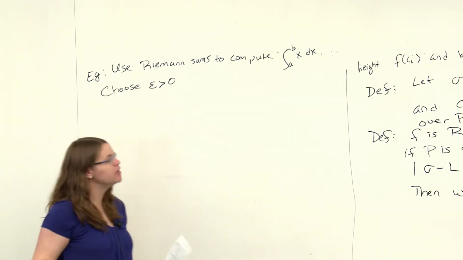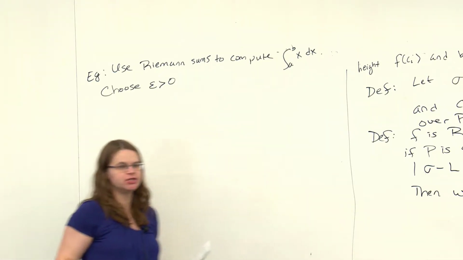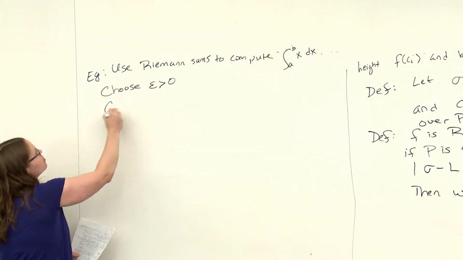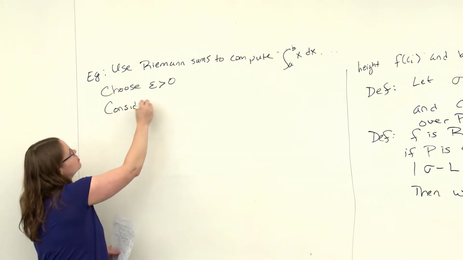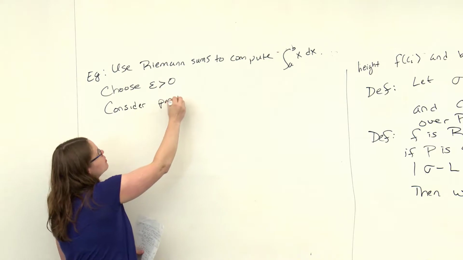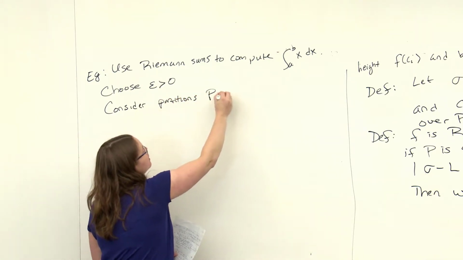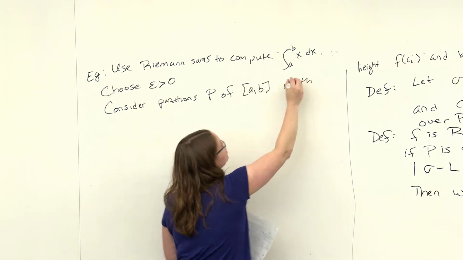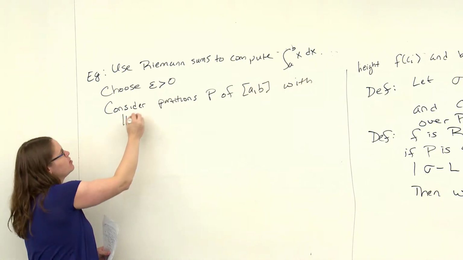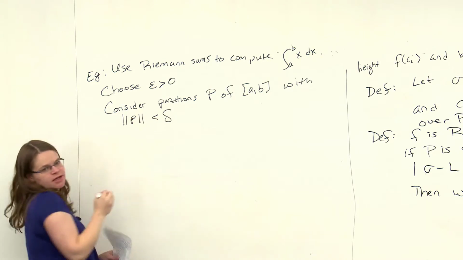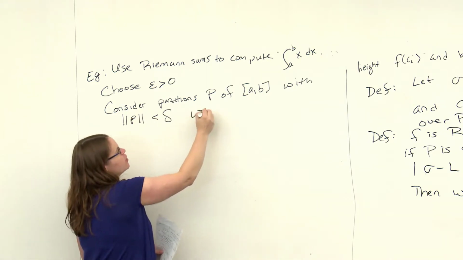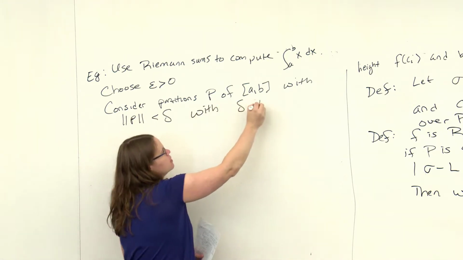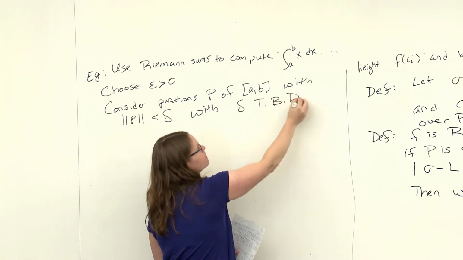Then we need to start looking at general partitions. So let's consider partitions P of the interval a to b with the norm of P less than some delta, but we don't know yet what delta is supposed to be. So delta to be determined.